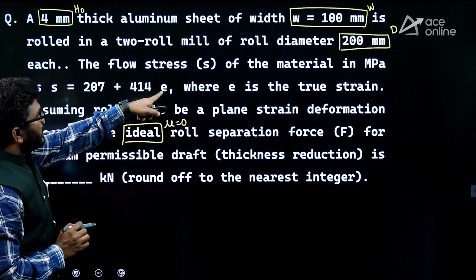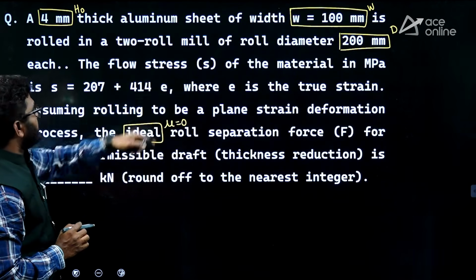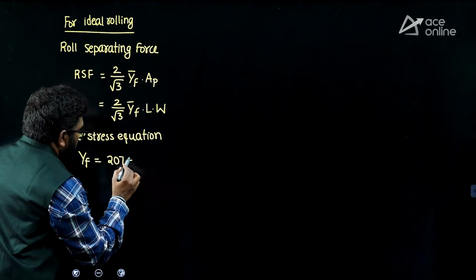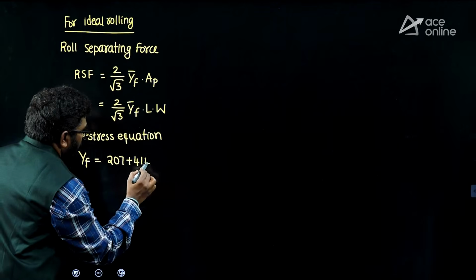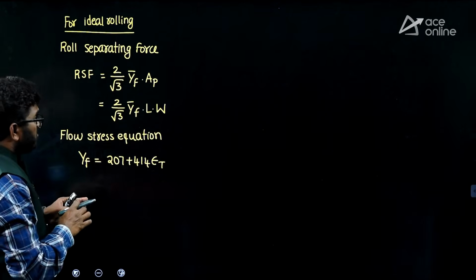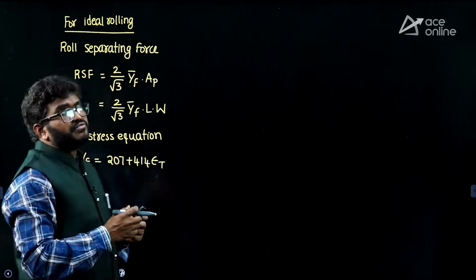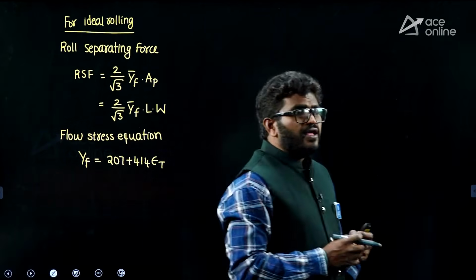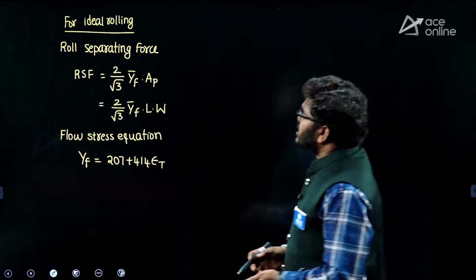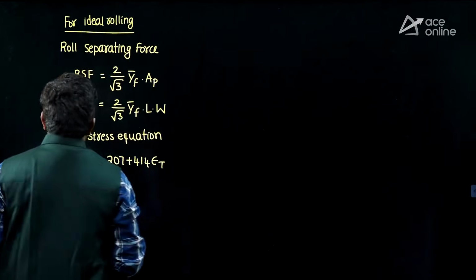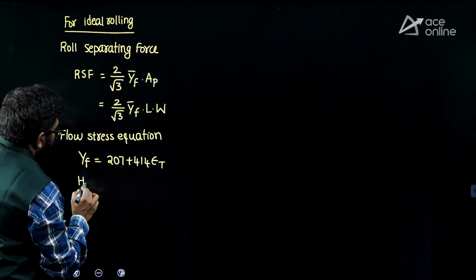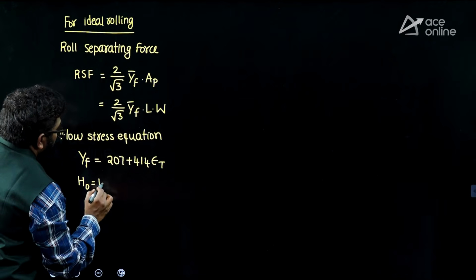E means true strain, but I'll take epsilon T, for easy understanding. 207 plus 414 epsilon T. This is the given flow stress. But from this, I want to calculate the average flow stress. And initial thickness I know, that is 4 mm. Initial thickness H naught equal to 4 mm.